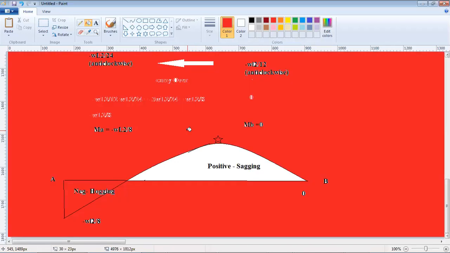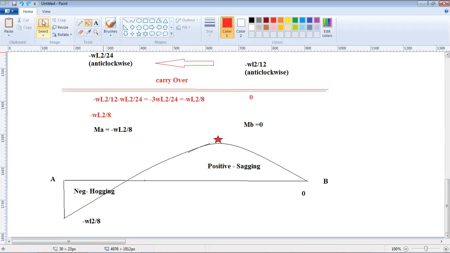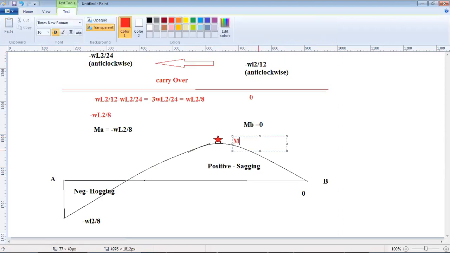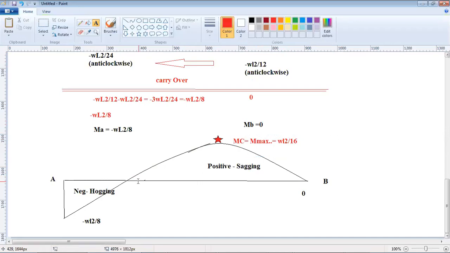You can solve this by determining the value at any other point, say MC. How do you do this? You have to determine the maximum moment. You must have done this in the slope deflection method, and you will try this. You will get WL square by 16. I have not tried this, but probably it's WL square by 16.